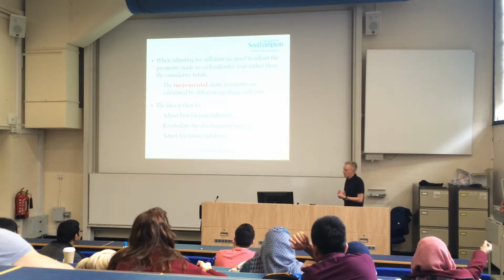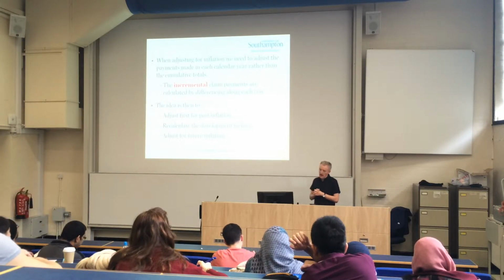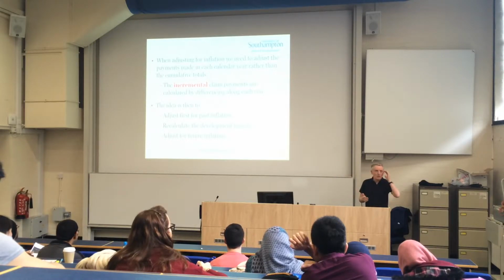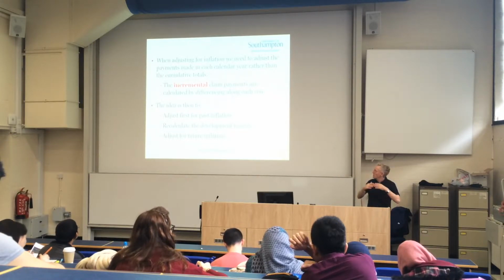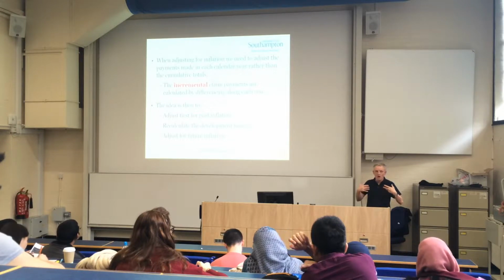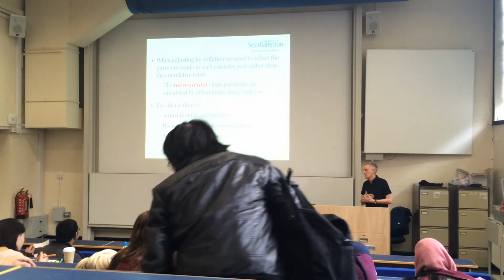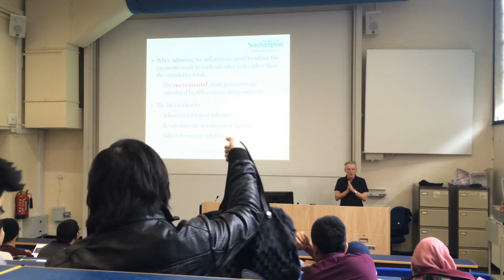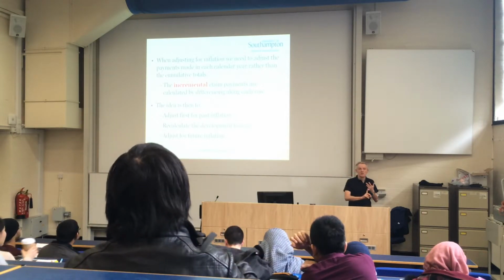We'll see why we have to do that when we look at an example. But basically, it's very simple to calculate those from our basic table, which is to take differences along the rows to obtain these incremental claim payments. So that's the first step.